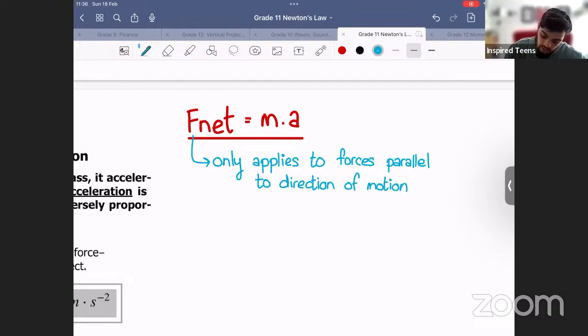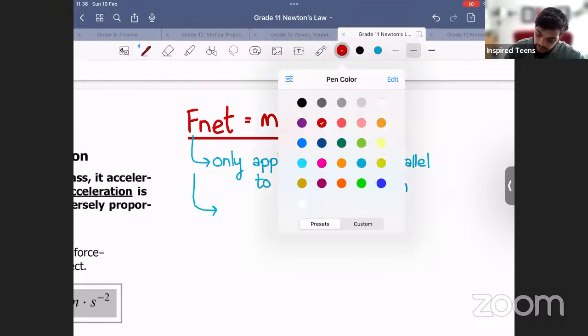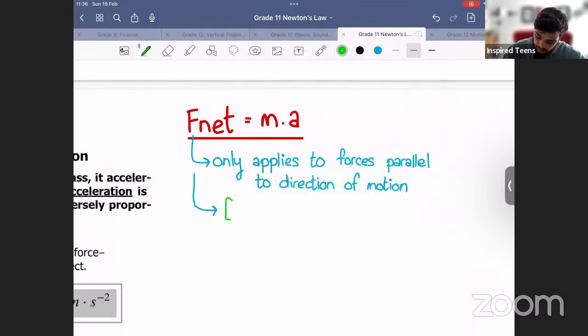Okay, then you'll see algebraically, how do we open up F net? We always say, okay, forces in the direction of motion.